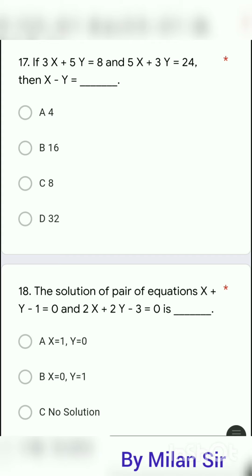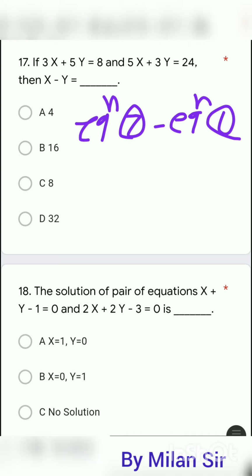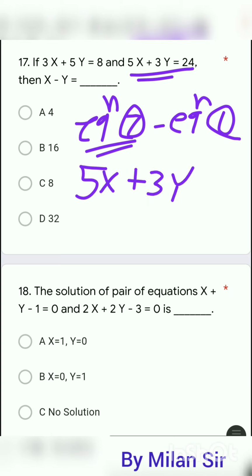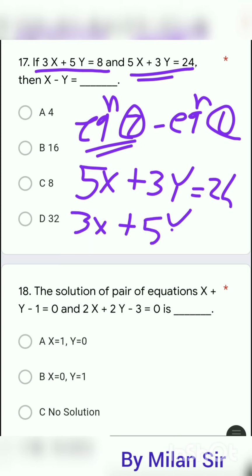But we can find the answer directly too. Here just do equation 2 minus equation 1. It means subtract equation 1 from equation 2. So first of all write down equation number 2: 5x plus 3y is equal to 24. Then write down the first equation: 3x plus 5y is equal to 8.